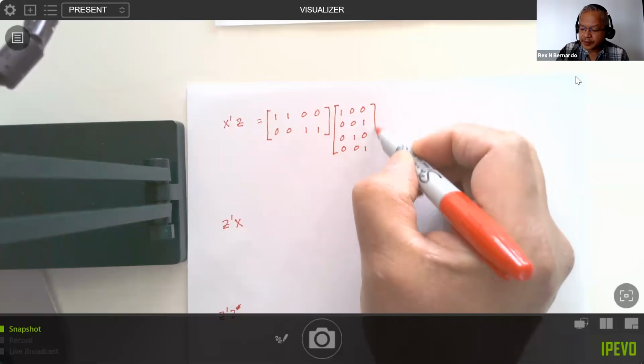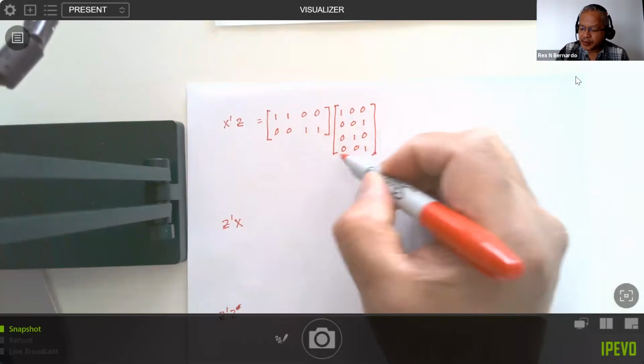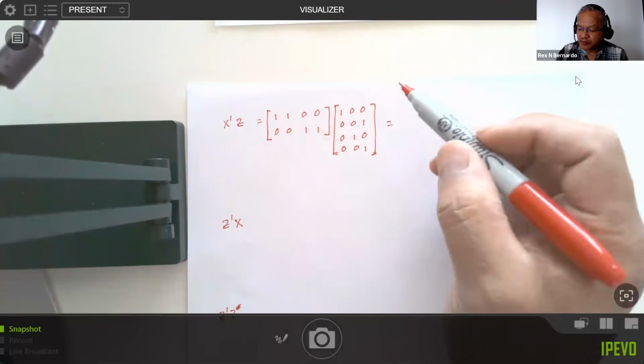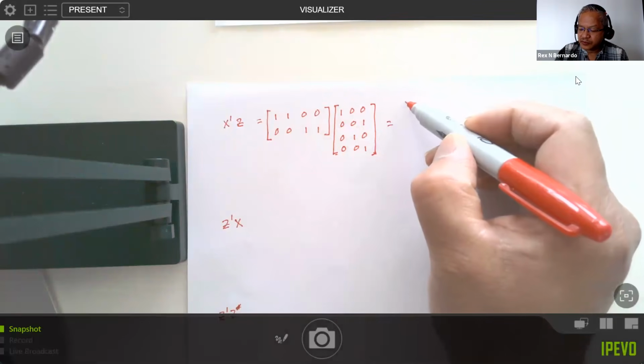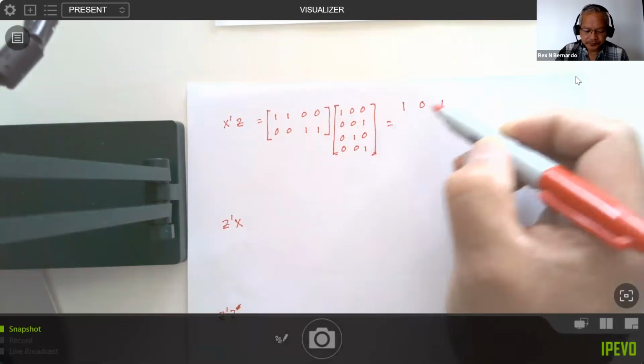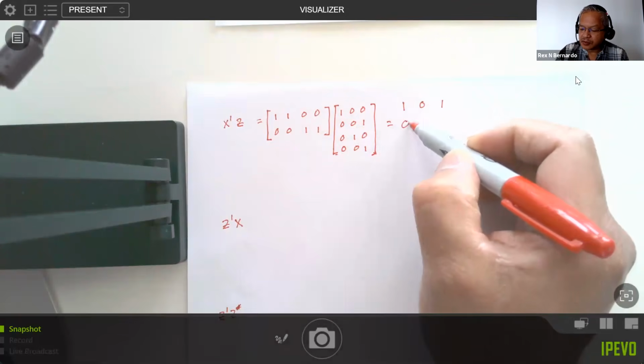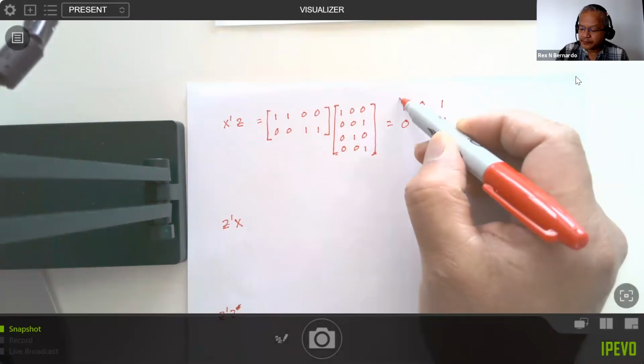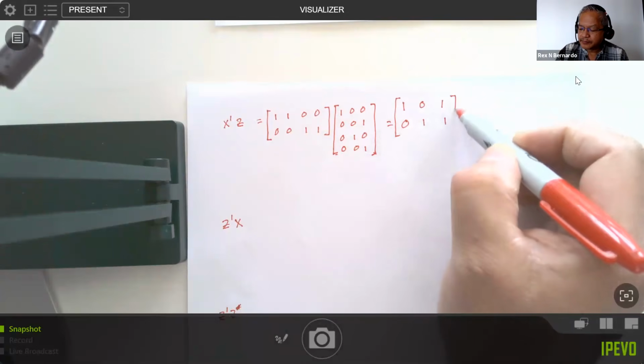Okay. And if you do the matrix multiplication for those two, you would get 1 0 1 and 0 1 1.